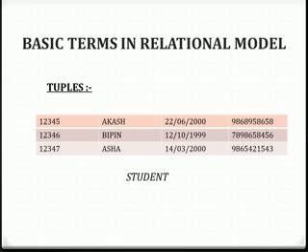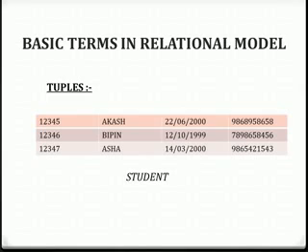So the relation is student, and the tuples are the rows. The first row, 12345, Akash, 22 6 2000, 986895865, is the first tuple. Then the second row is the second tuple, and the third row is the third tuple. So in total there are 3 tuples in this relation student.